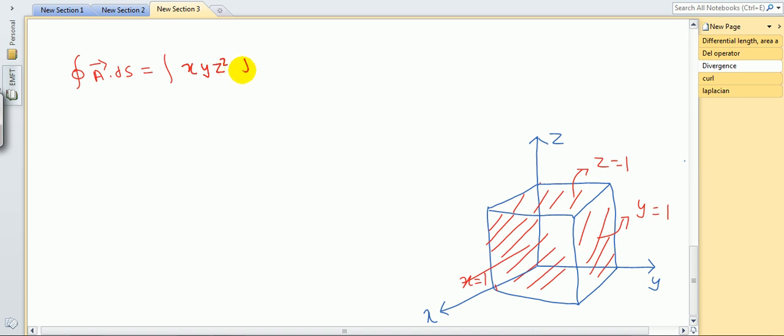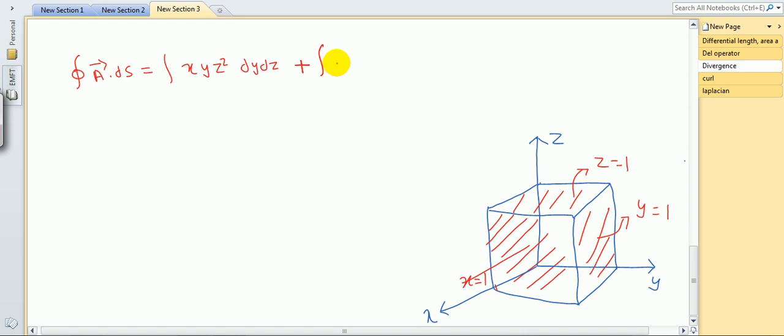The varying values for the x equal to 1 surface will be dy dz. The surface vector for this surface will be dy dz ax cap. So only the ax component will be taken for the x equal to 1 surface. I will put x equal to 1 later, but I will write it now.